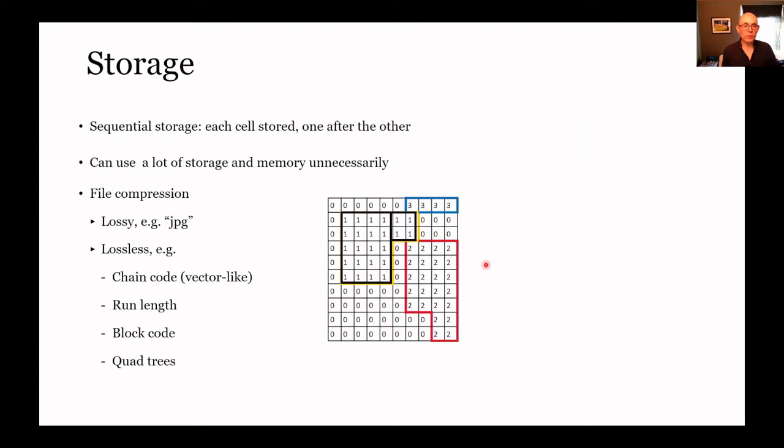And even more so when we look at the quad tree, which we're not going to go into on this course. It will come up on the next course, what quad trees are. But here we sort of divide the image into smaller and smaller areas and look for changes or differences in them. But the important point here is the difference between lossy and lossless.